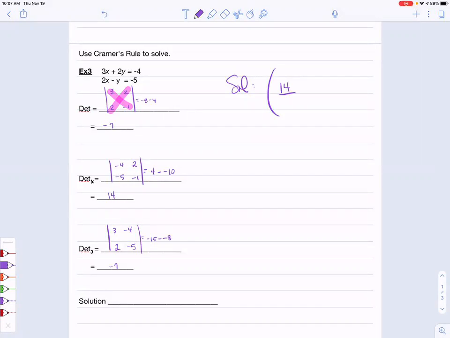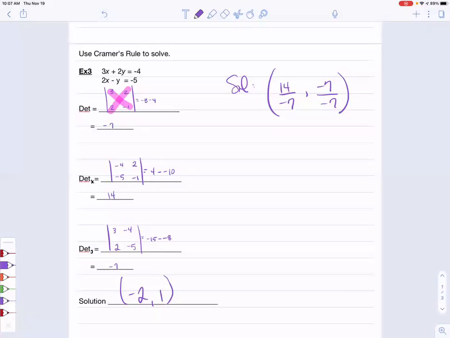Yeah, the original determinant, which was -7, that's going to be my x value. Yes, I will clean that up. And then for my y value, yeah, so -7 over -7. So then what is my solution answer? -2, 1.